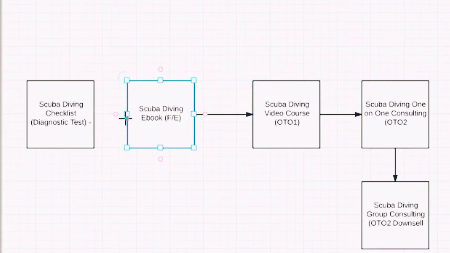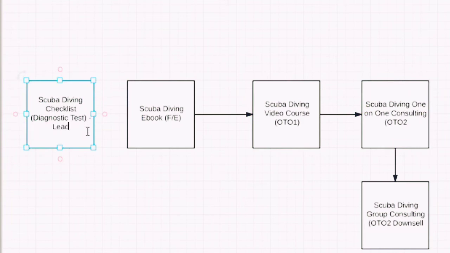You could do something like the top 10 reasons why you fail in scuba diving, and then you could have the done for you service over here that talks about how to succeed or how to avoid these failures. So this could of course be the lead magnet, which is the freebie that you give away for free in exchange for somebody's email address so that you can communicate with them over and over again.